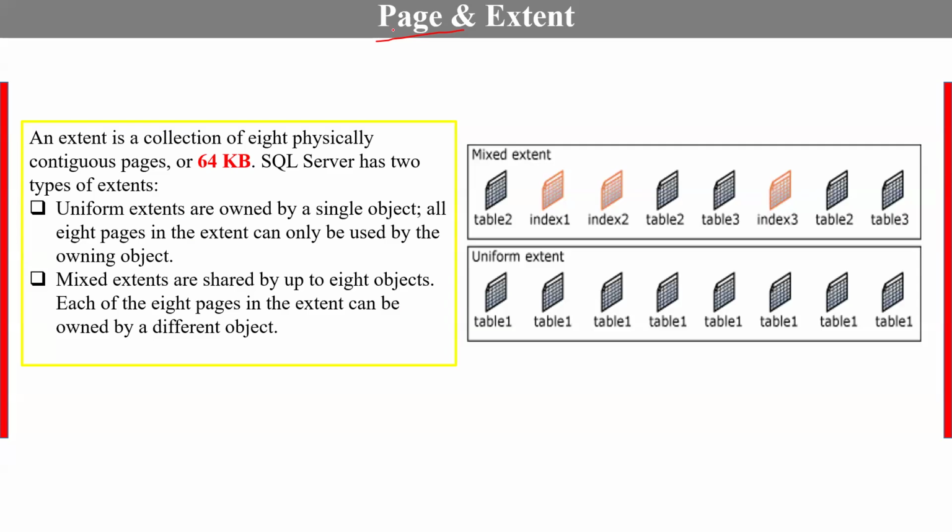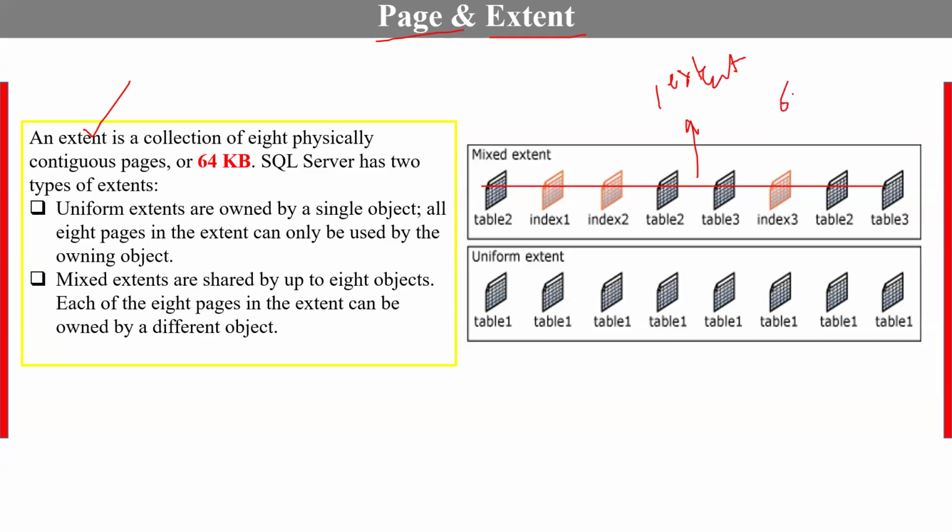But what did Microsoft do? Microsoft made one more layer called extent. So what is an extent? Eight consecutive data pages we call one extent.